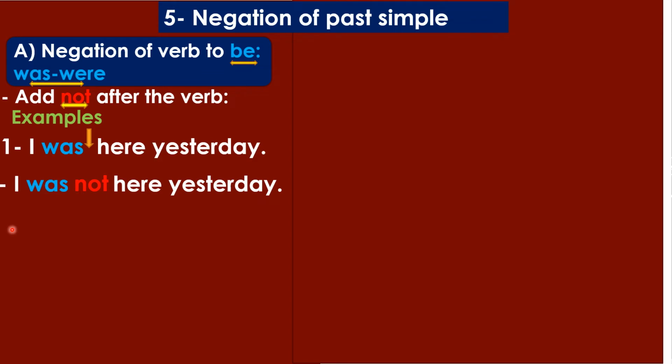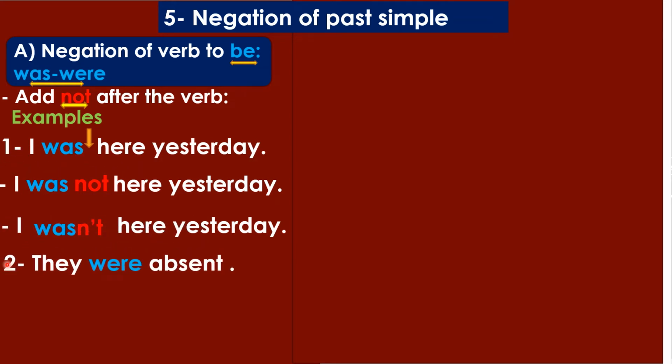I was not here yesterday. طبعا I was here yesterday. حطيت not أصبحت I was not here yesterday. Okay, we can also say wasn't. So I can use the short form of was not. ممكن برضو أقول wasn't اللي هو الشكل the contracted form of was not اللي هو الشكل المختصر ل was not. So I was not here yesterday.